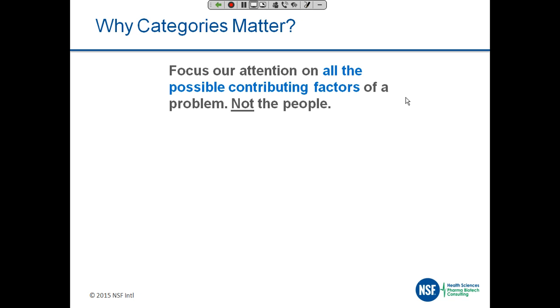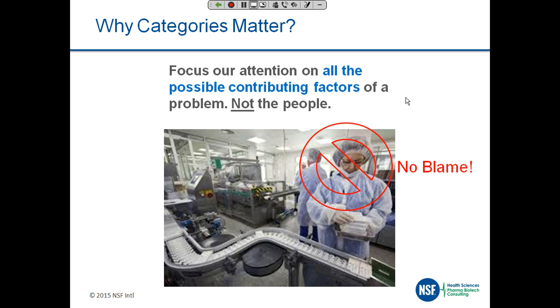Another, and this is key, is that we avoid blaming people. We want to focus our attention on the contributing factors. And what we want to avoid is going straight to personnel error and blaming the individuals. Very key. So categories help us do that.